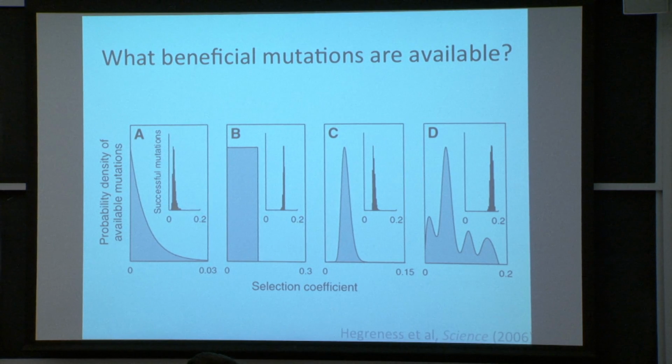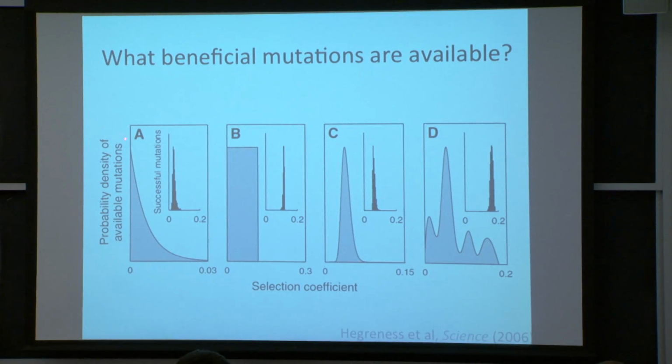You can imagine that all of these possible beneficial mutations describe some distribution. If you ask, this is the frequency or the number of mutations as a function of how good that mutation is, it should be some falling function, because there are just not going to be as many mutations that are really amazing as there are that are kind of good.